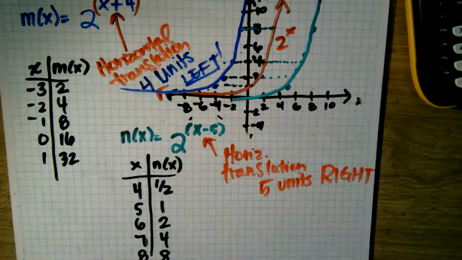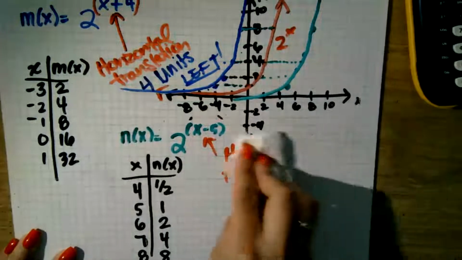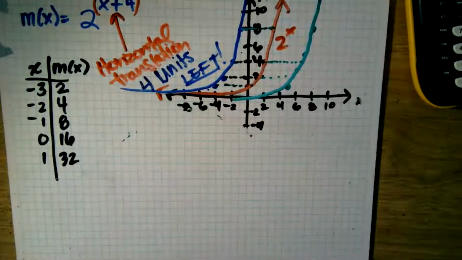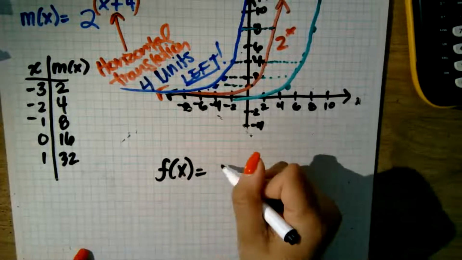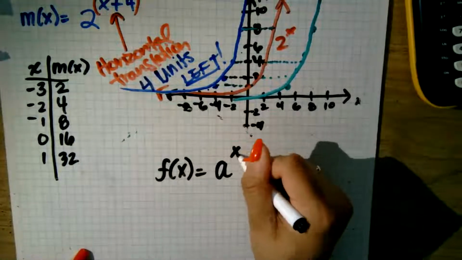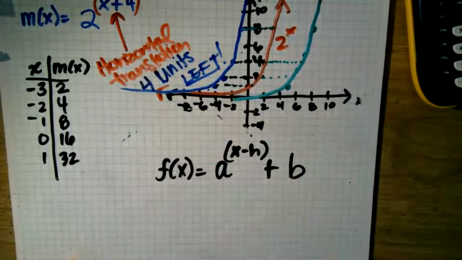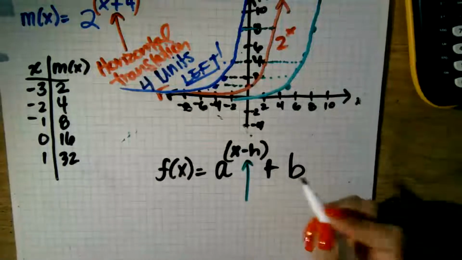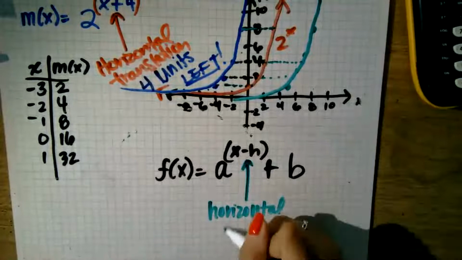So I'm hoping that you can see now that when I look at a function, this is the formula, because this right here is my horizontal translation.